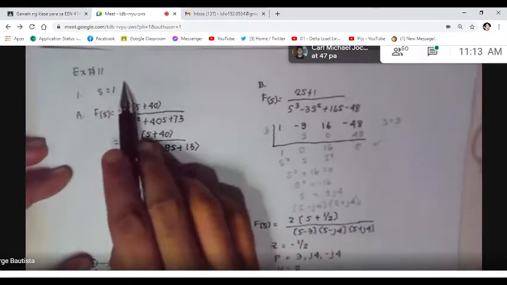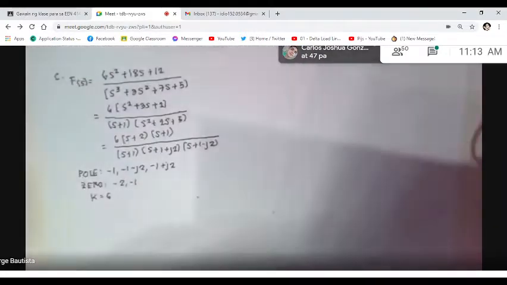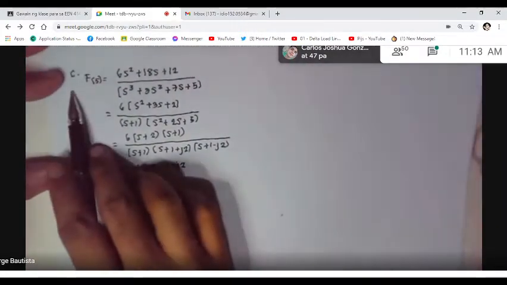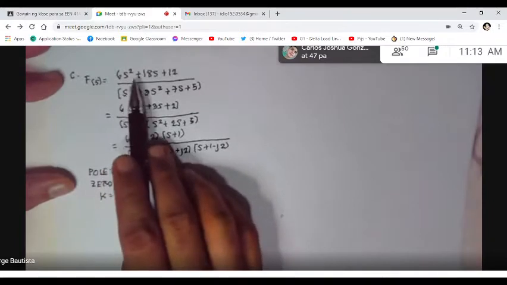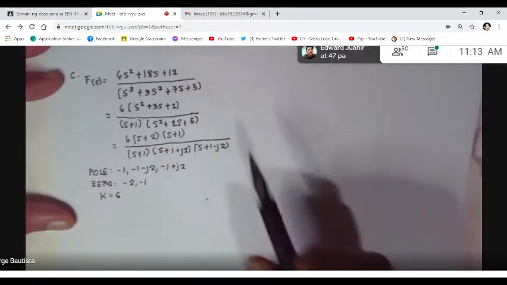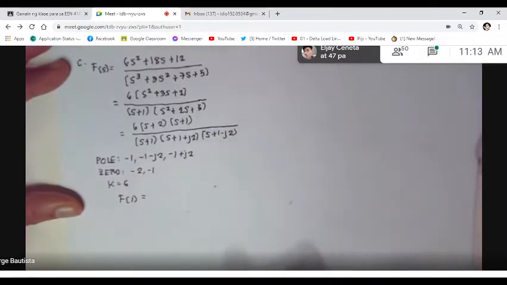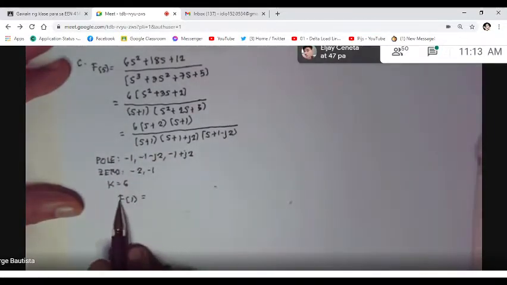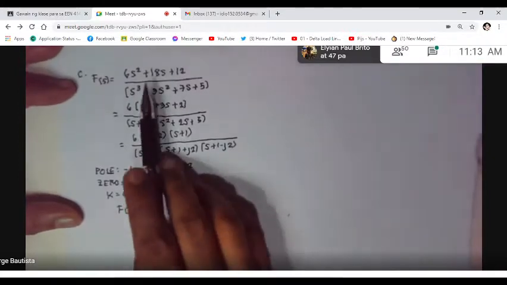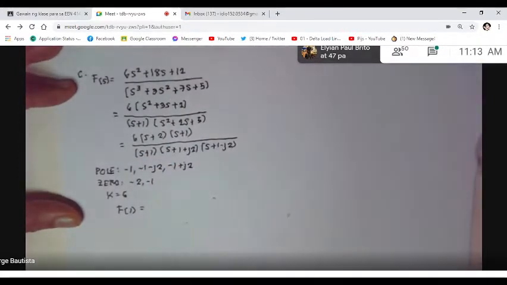If S is equal to 1, find the transfer function. So, ang gagawin mo lang, dito sa letter C, substitute mo lang yung value ng 1. So, at S is equal to 1, F of S, di ba? Ito yung S eh. Okay? Which is equal to 1 daw. So, substitute ko dito.